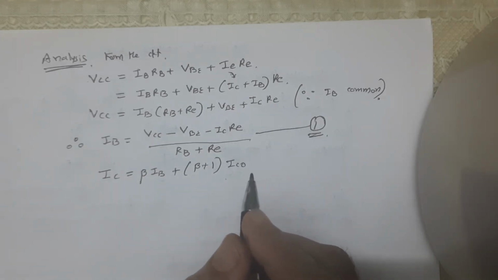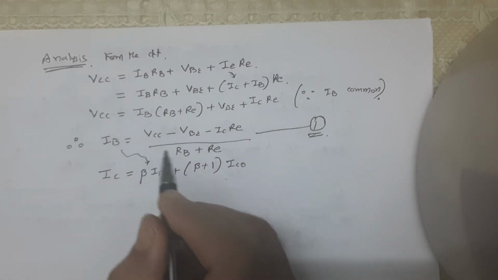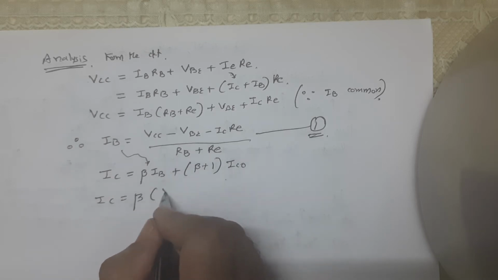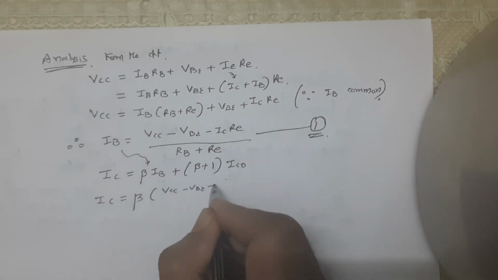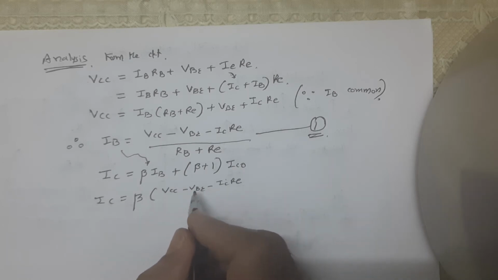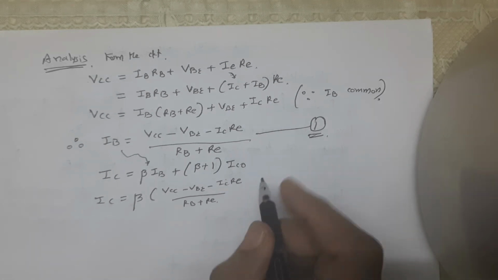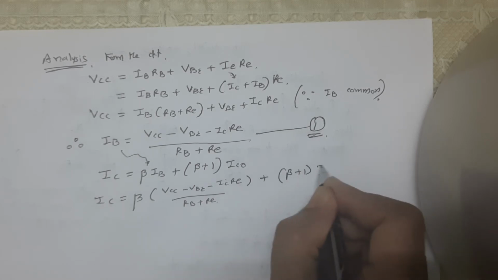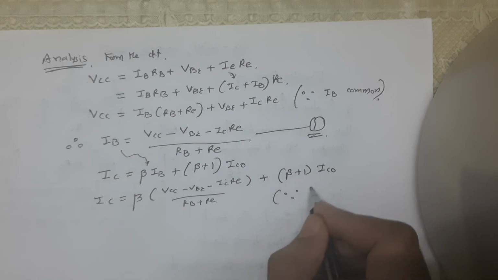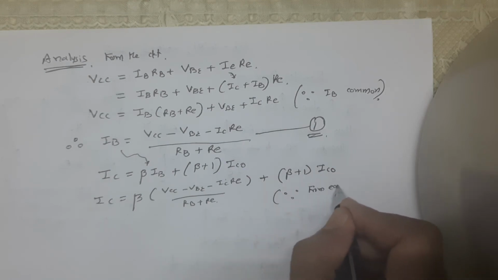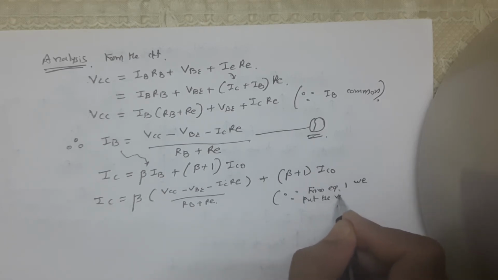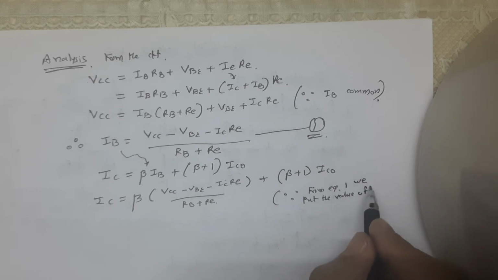So put the value of IB from equation 1 here, and we get IC is equal to beta into (VCC minus VBE minus ICRE) upon (RB plus RE), plus (beta plus 1) ICO.